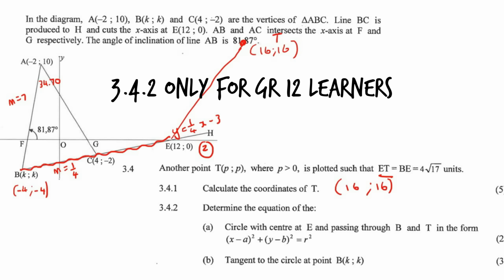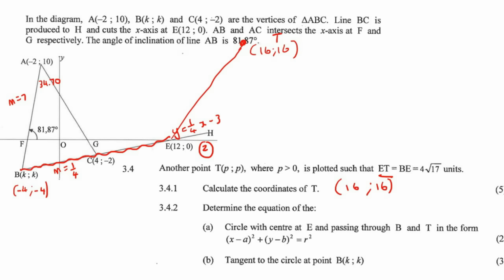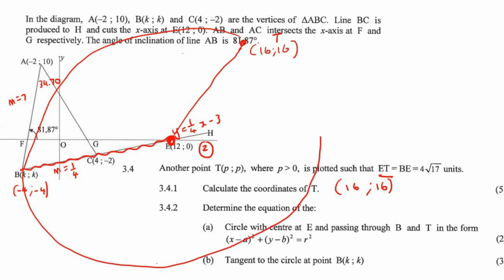So it says determine the equation of the circle with a center at E and passing through B and T. Damn, this is going to be one big circle. So it's got a center at E, and it's going to pass through T and B. So it's going to be something like that, okay?